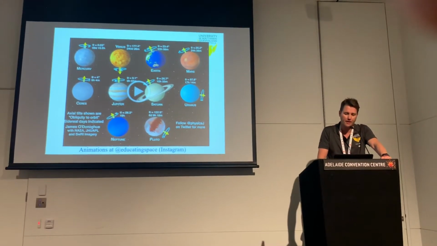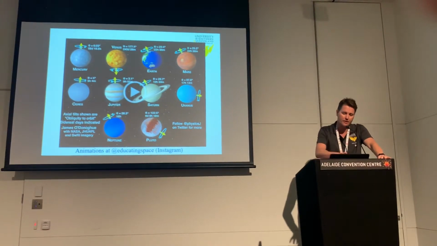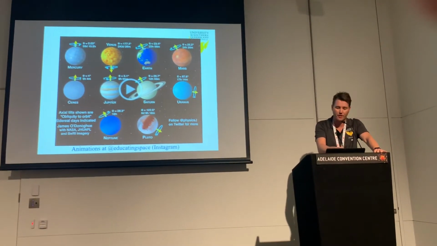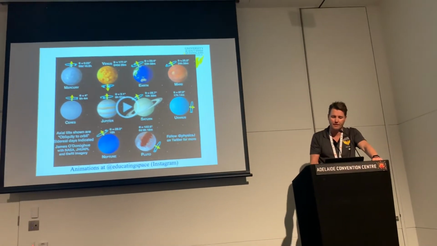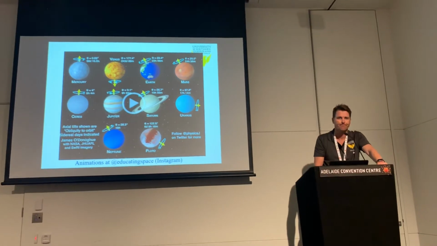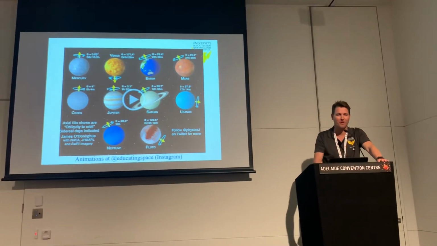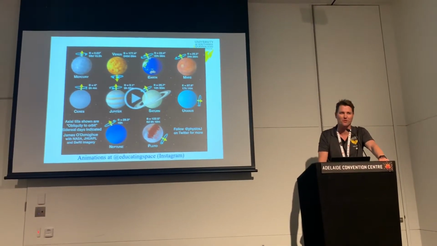The animation, when it's actually playing, shows you the various axial tilts or obliquities of the different planets. It also shows you how fast those planets are spinning as well. I won't hit play on this. I'm going to encourage you to go to the Instagram page where you can see it in your stories.